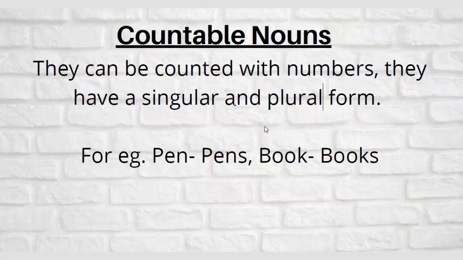That means if you add s or es, or if you change the word in some manner, there is a plural form available for the noun. An example is pen or pens, book or books. You can have one pen, you can have two pens. You can have a pen or you can have pens. You can have one book or you can have two books. You can have a book or you can have books.